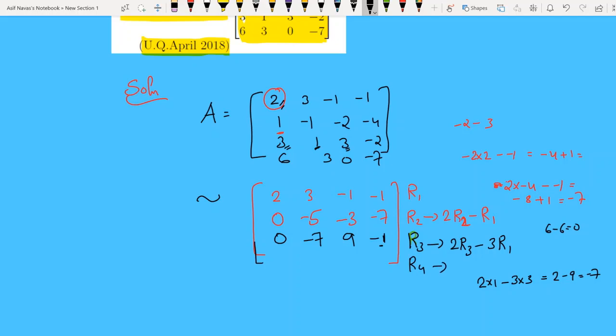Now R4. You can change R4 into, I want to make this 0. R4 minus 3 R1, right? So this becomes 0. What is here?